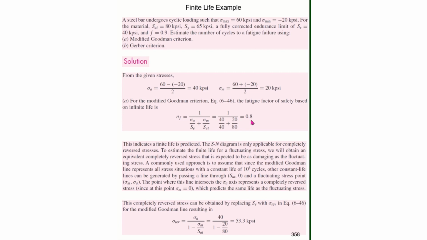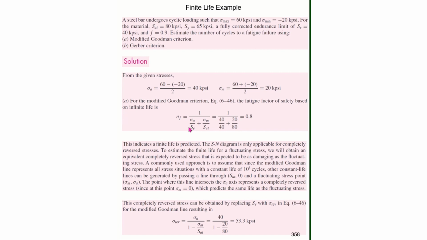So we need to determine how long the part will live. What we do is come to the Goodman equation and replace the SE here with what we call sigma rev, the equivalent reversed loading stress. We'll solve for that sigma rev, and then use that to go back to an SN diagram and compute the number of cycles.